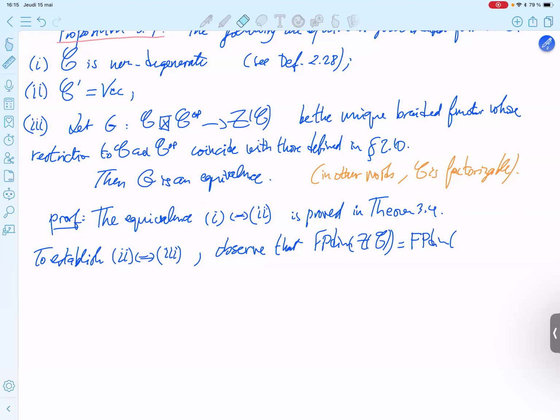I don't know if we already recalled that before or not, but otherwise you can see, for example, in the EGNO book it is proved, which is the Frobenius-Perron dimension of C tensor C op. Yeah, I guess we discussed that in equation 25.